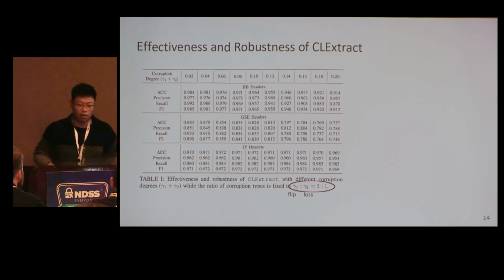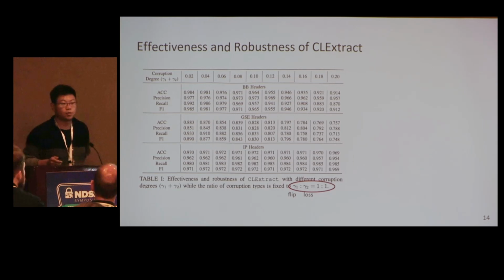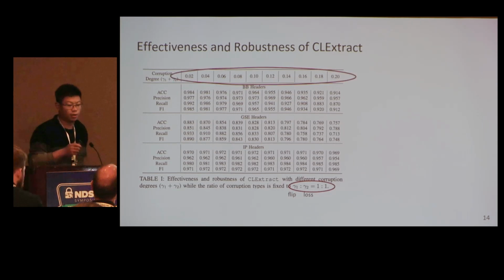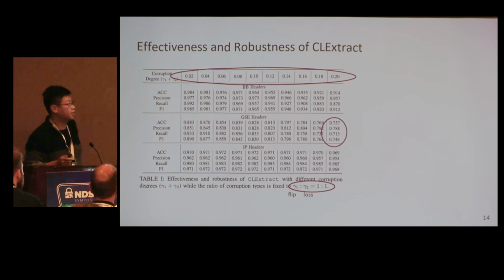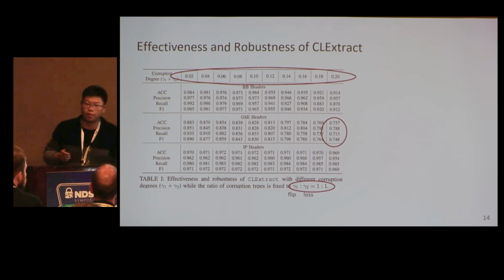You can see if we set the flip and loss to 1-to-1, and we gradually increase the corruption degree, which basically means the stream is corrupted to, for example, 20%. You can see that for the BB header and IB header identification, we perform pretty well.